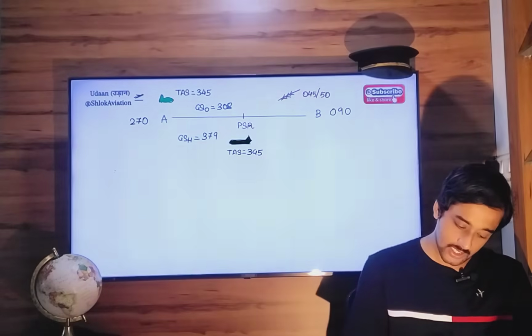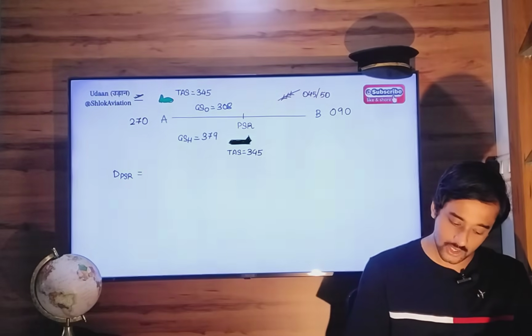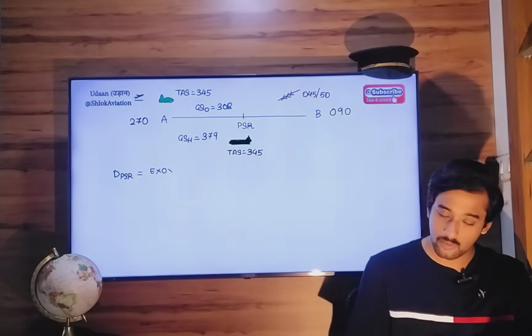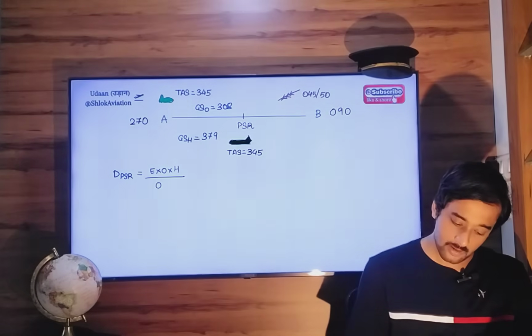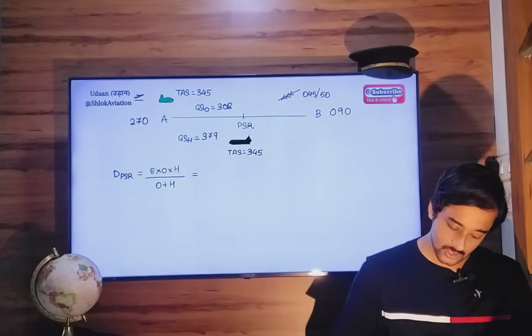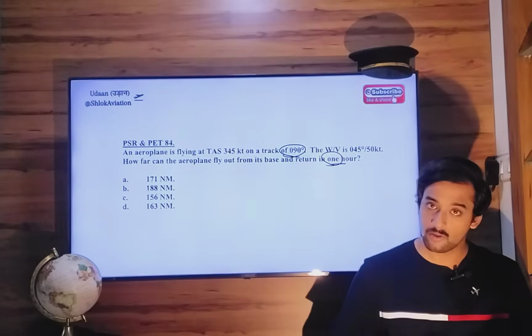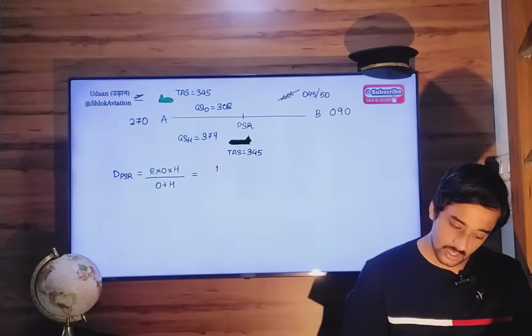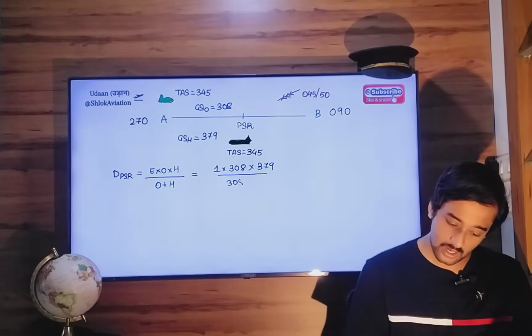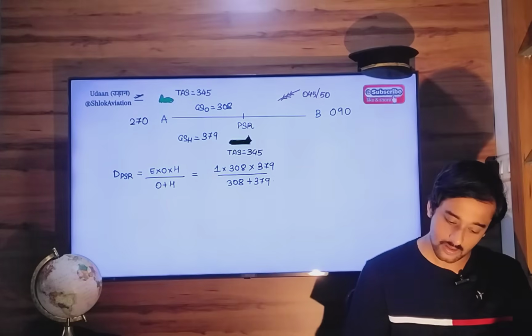Okay. Now distance to point of safe return equals endurance into outbound into homebound divided by outbound plus homebound. So endurance is going to be 1. So 1 into 308 into 379 divided by 308 plus 379.